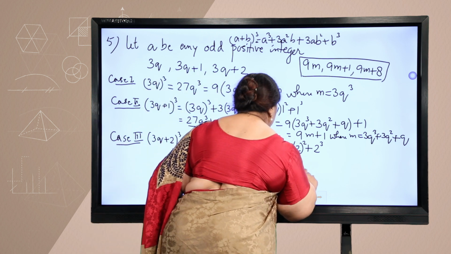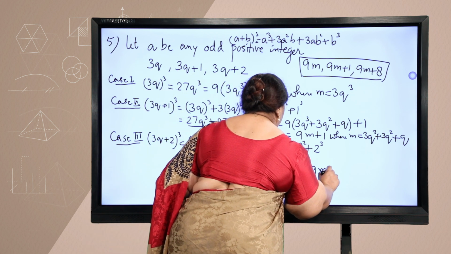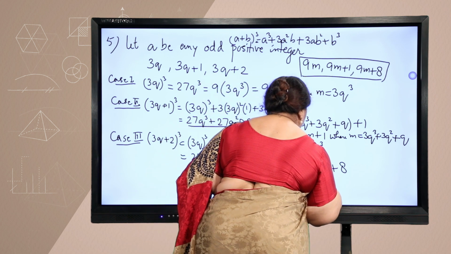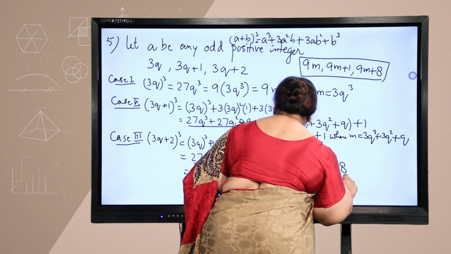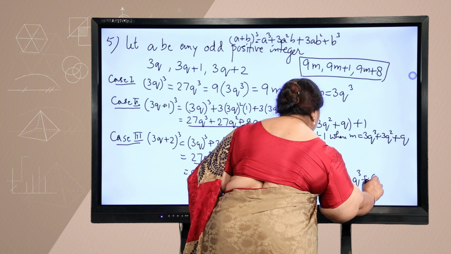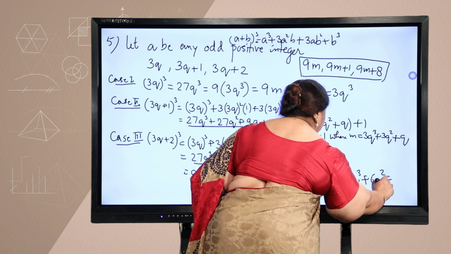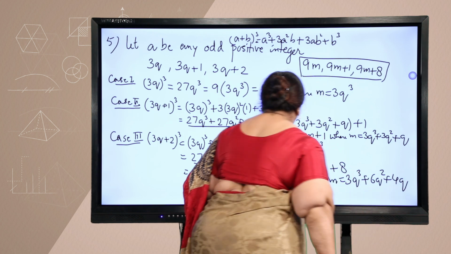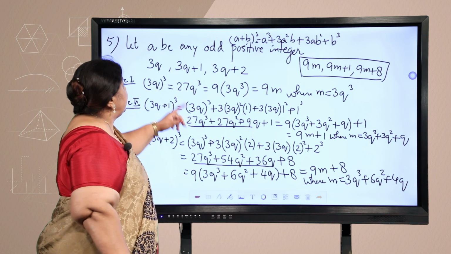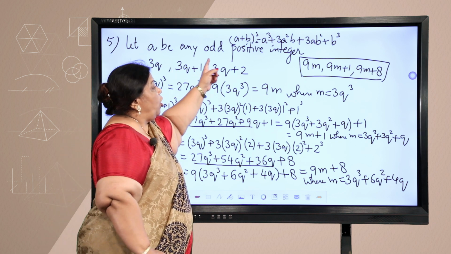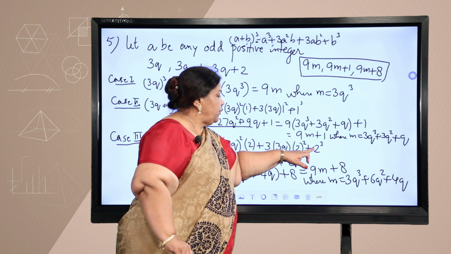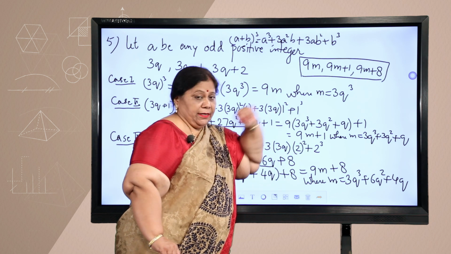So, I have expressed this also in the form 9m plus 8, where m is equal to 3q cube plus 6q square plus 4q. So, students, did you see I have expressed the cube of any odd positive integer in the form 9m, 9m plus 1 and 9m plus 8.